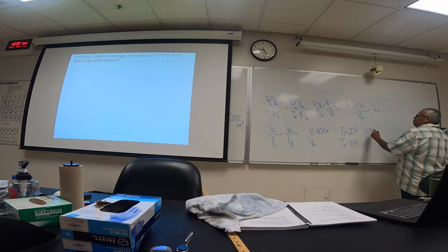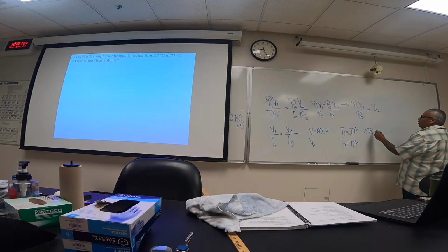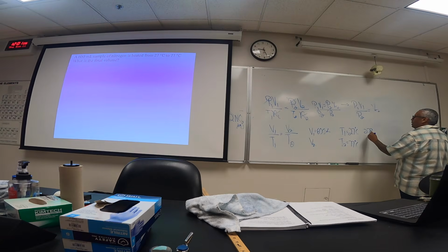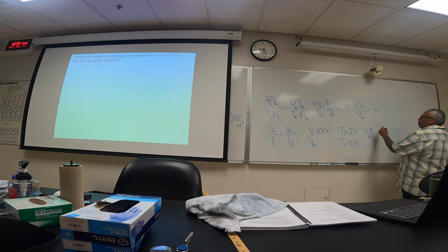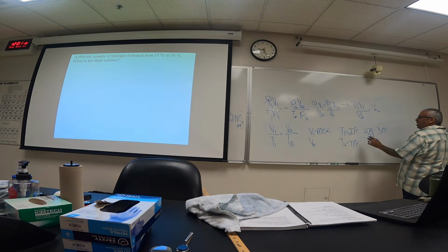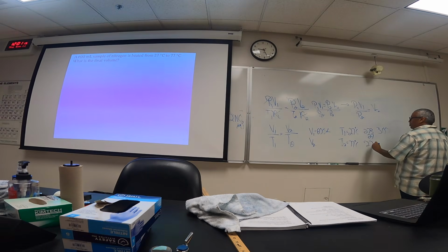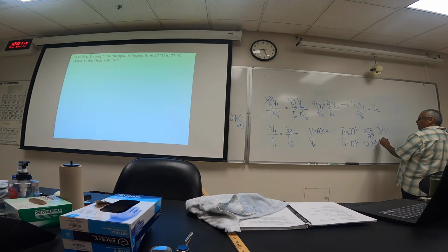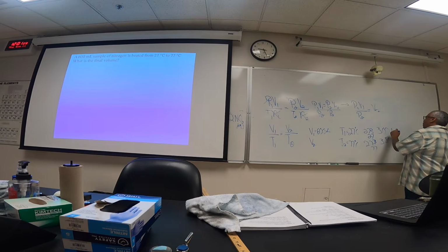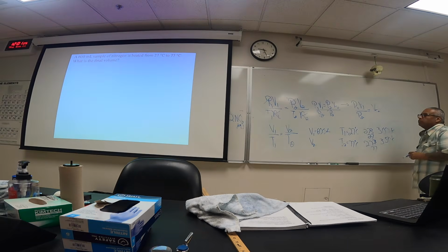So 273. I'm just going to simplify it. I'm not going to put the 0.15. Plus 27. Get 300, and then here 273 plus 77, we're going to get 350. All right. So we have our temperatures here.